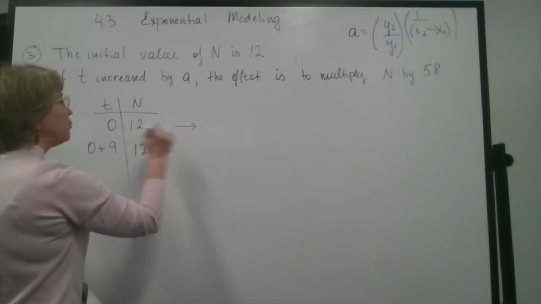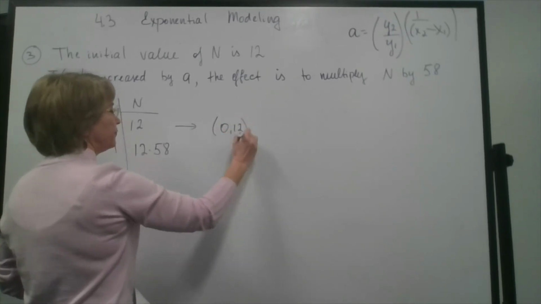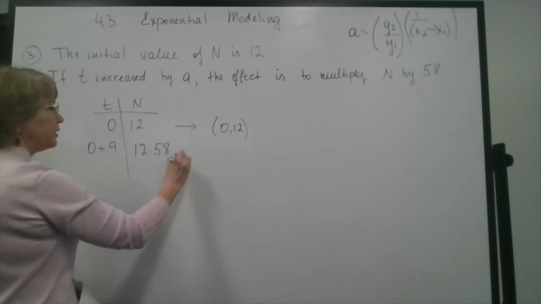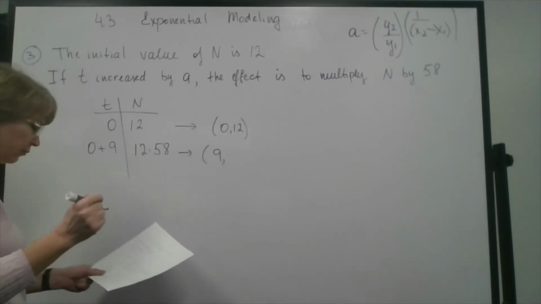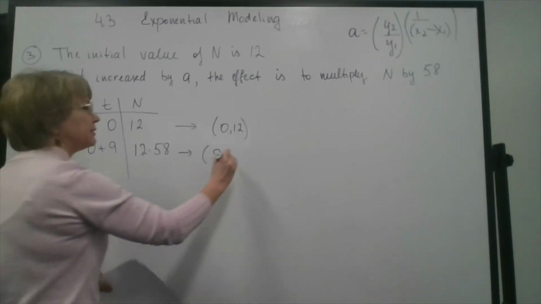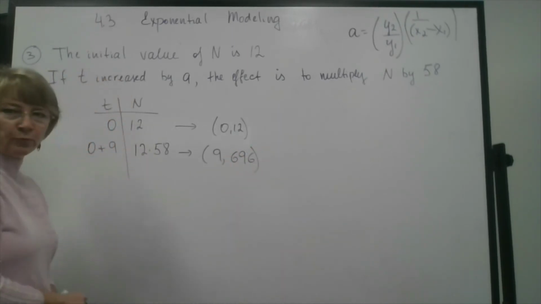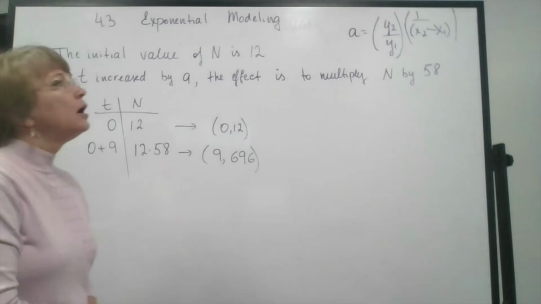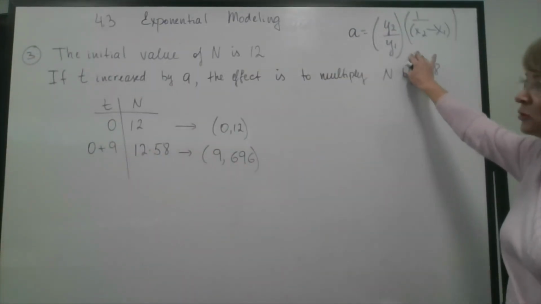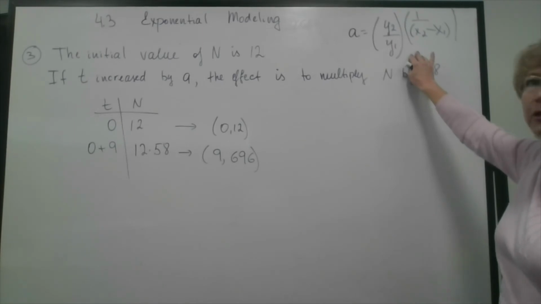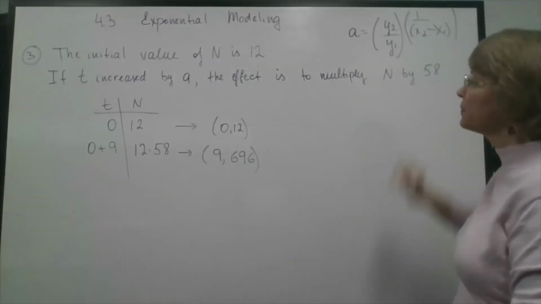So what is the point here? It is 0 and 12. What is the point here? It is 9. Multiply 12 by 58, it will be 696. We have 2 points. We have to memorize this beautiful formula. It's so easy to memorize, much easier than finding a different way to find a.